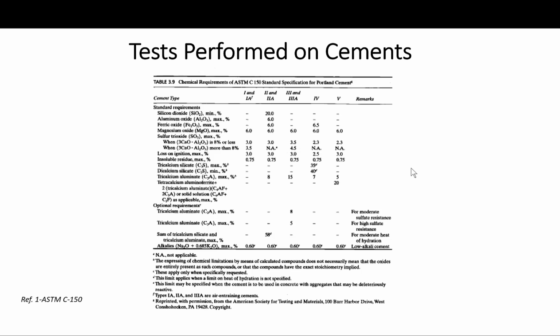So the only limits placed on all types are the MgO, the magnesium oxide, the sulfur trioxide, SO3 contents, and optional alkalis contents or levels, which become of importance if we have the potential for alkali silica reactions. Okay, and in these tables also, please pay close attention to these footnotes here, as they explain a lot of the requirements and offer more explanations.